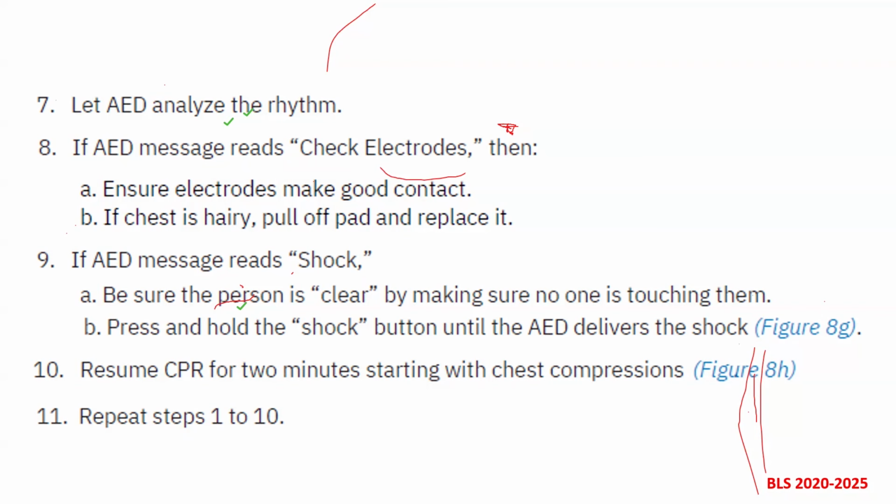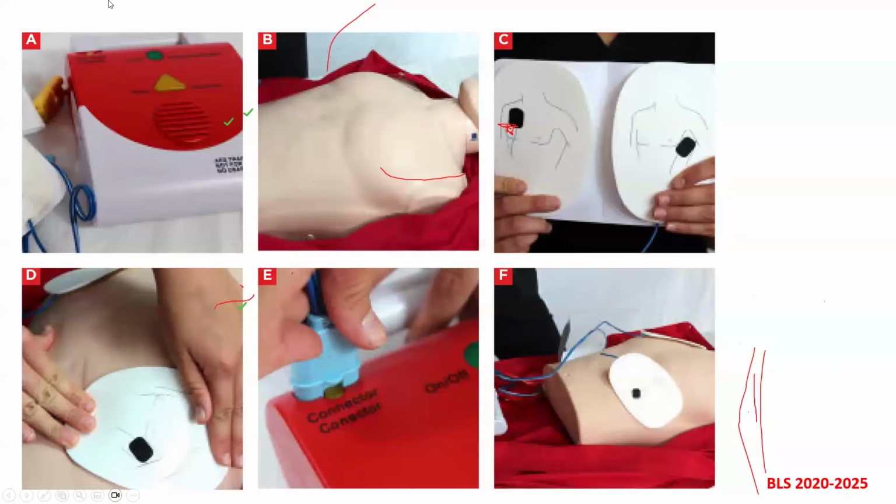Resume CPR for 2 minutes, starting with chest compressions, and repeat steps 1 to 10. So open the box and make sure the chest is dry and place the AED pads in the appropriate places, right upper chest and left lower chest, and make sure the wires are connected.